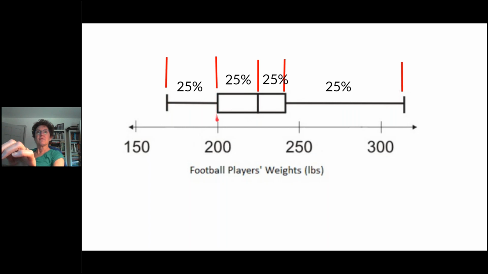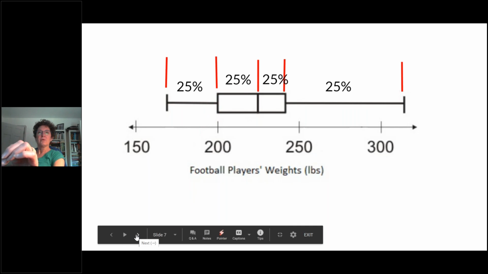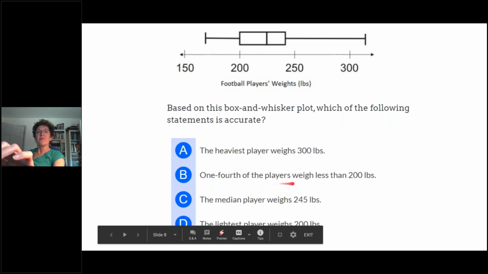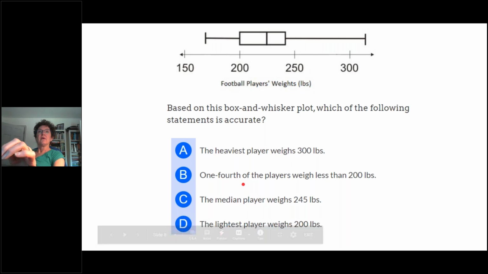And here it is right here at 200. So 1/4 of the players weigh less than 200 pounds. 1/4 is the equivalent of 25%. So yes, that seems like the right answer. What I know about a box and whisker plot is that each whisker represents 25% and my lower quartile is 200 right here, then that means that yes, 25% of the players weigh less than 200 pounds.